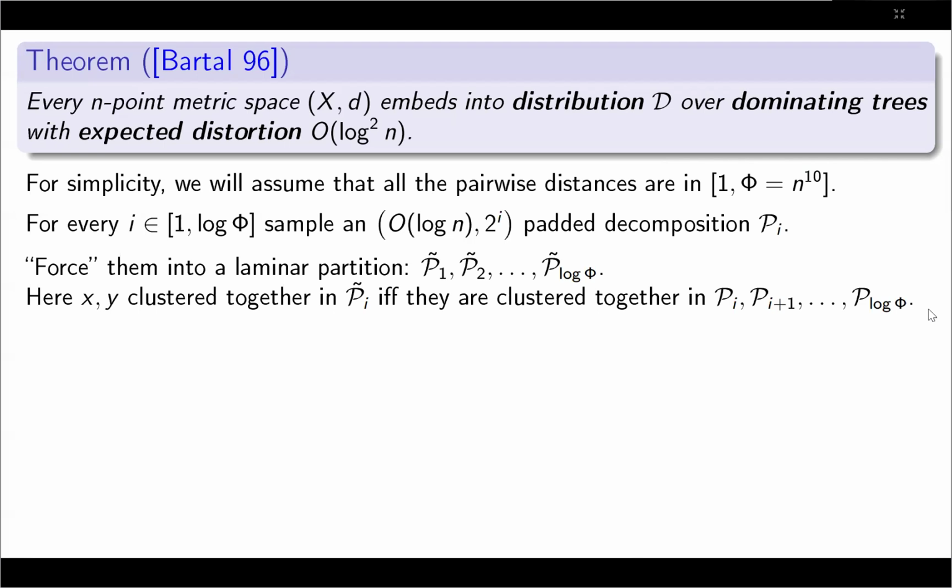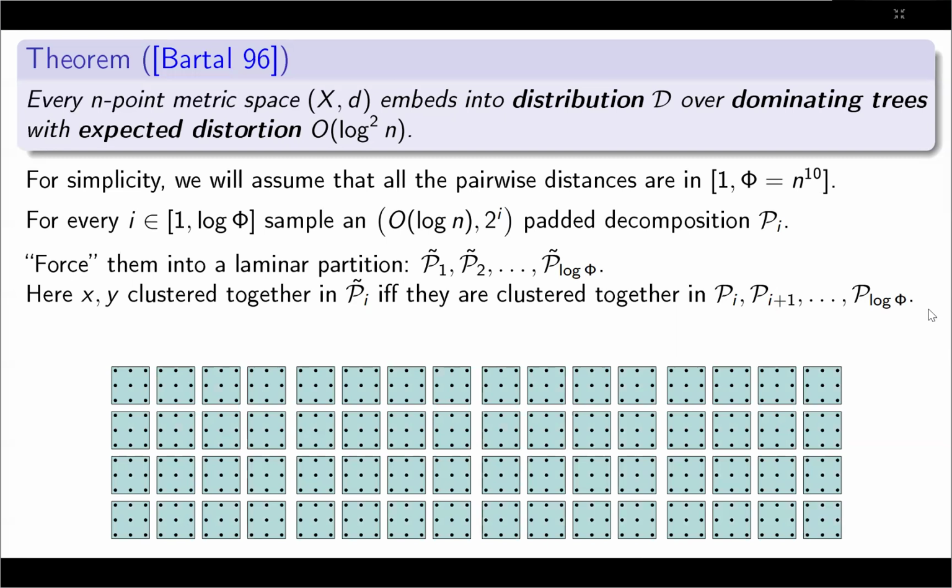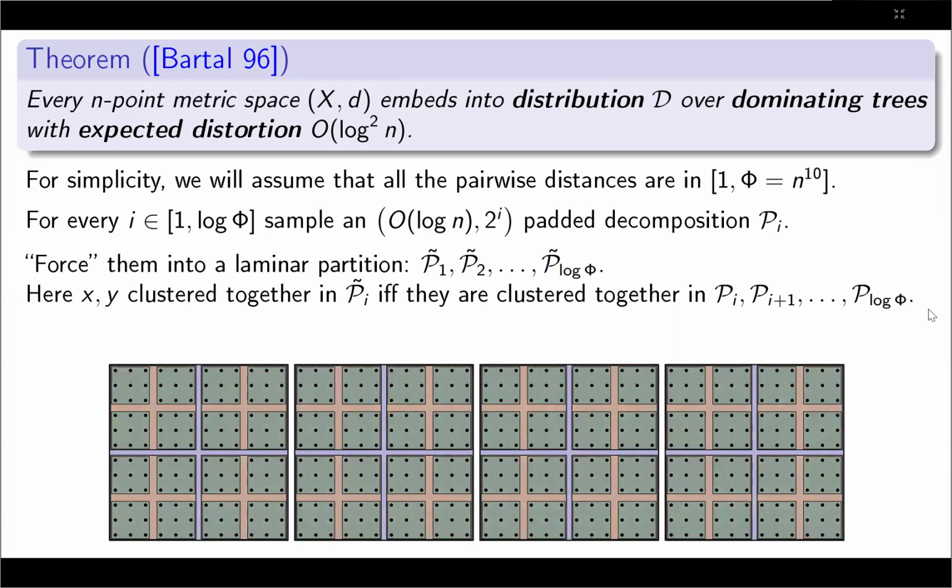Now we want them to be laminar, or hierarchical. So we kind of force them to be together. We say that x and y will be clustered together in the partition of scale i if they are clustered together in partition i plus 1, and so on until the end. So this basically gives a similar partition, but now it's laminar. Laminar partition means that you have your points here, and this is the minimum scale, then larger, and so on.